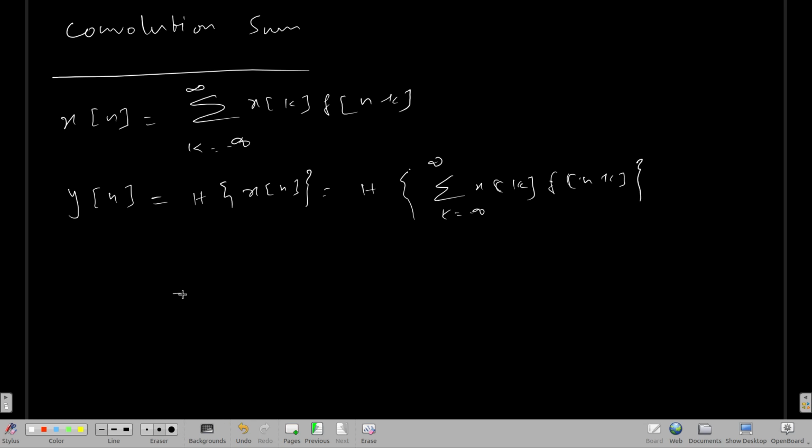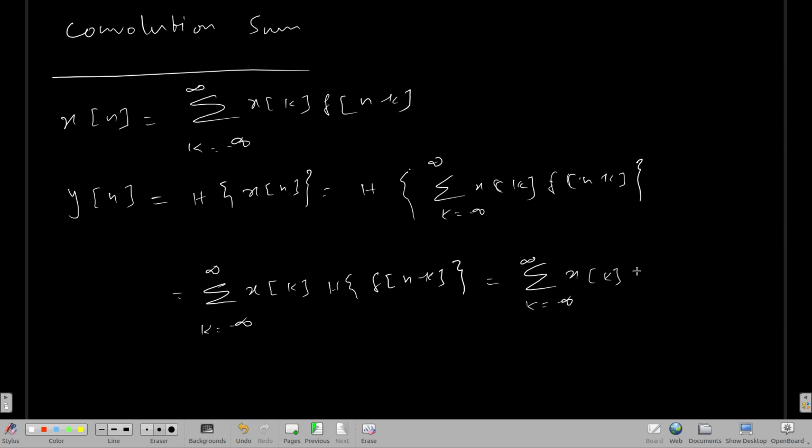Now rearranging the order of summation, what do we have? We have the summation over k equal to minus infinity to infinity of x of k H of delta of n minus k, which is again equal to the summation over k equal to minus infinity to infinity of x of k h of n minus k.